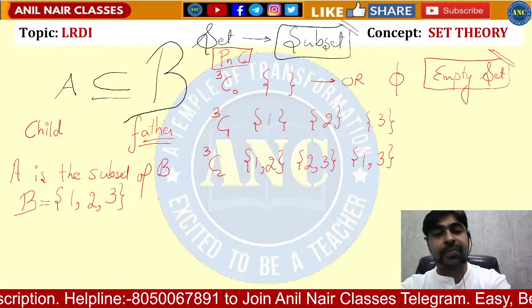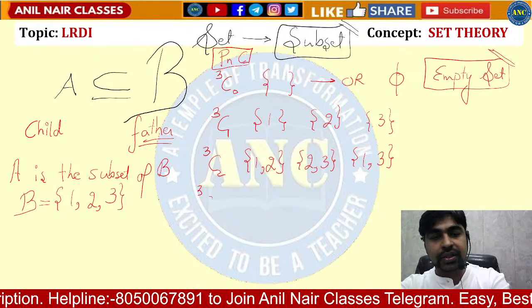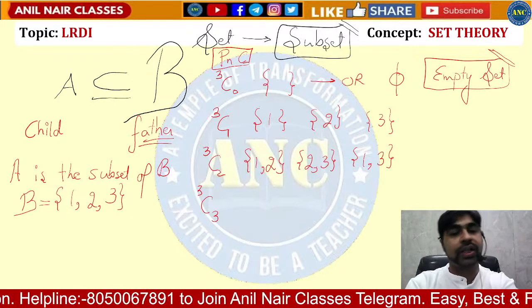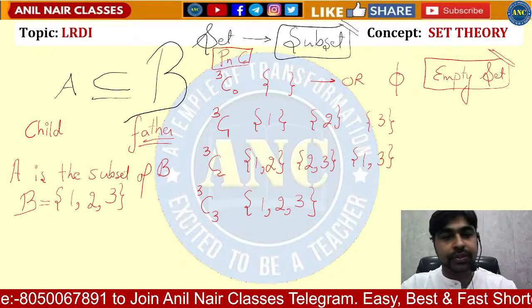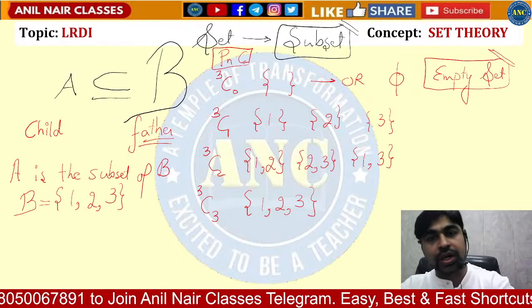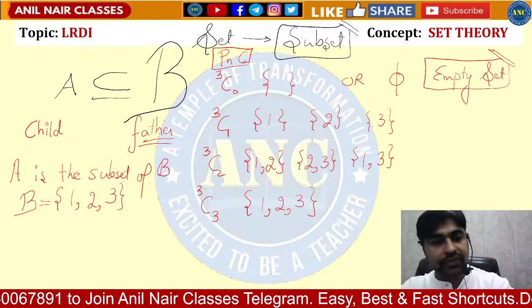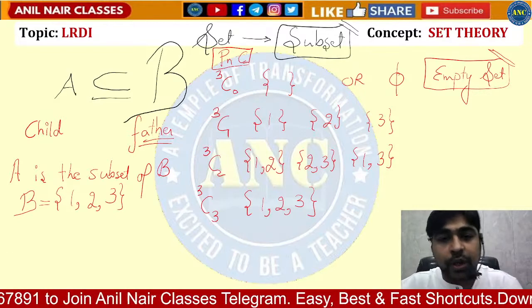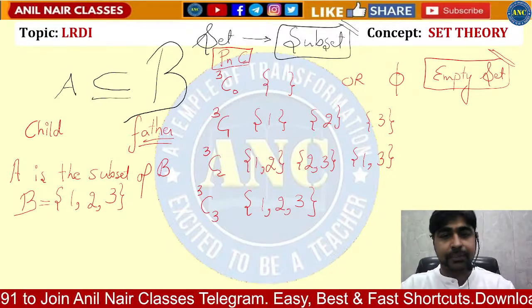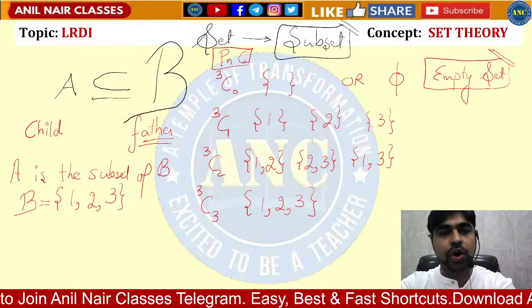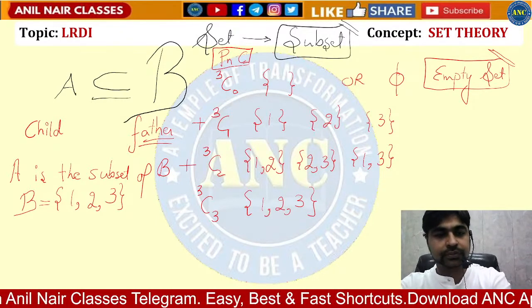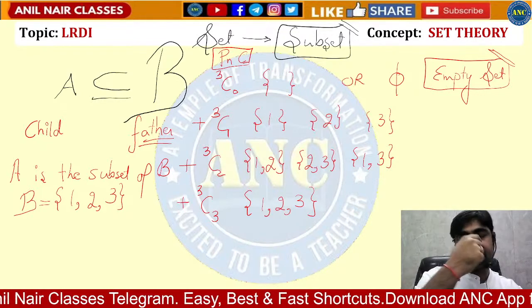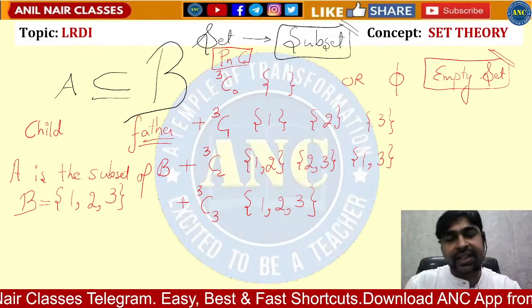So the third part is 3C3, where the child takes all the 3 properties, 1, 2, 3. How many options do I have? 3C0, or in place is called plus. 3C0 means out of 3 properties the child takes none of the properties.